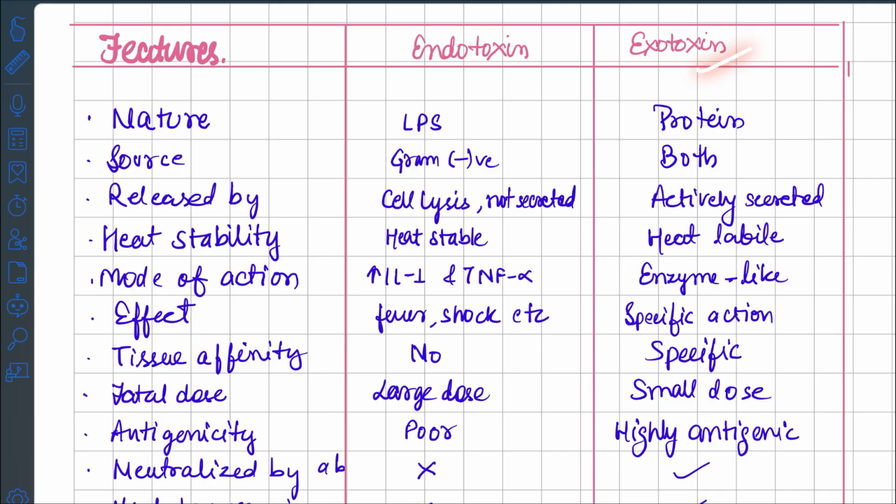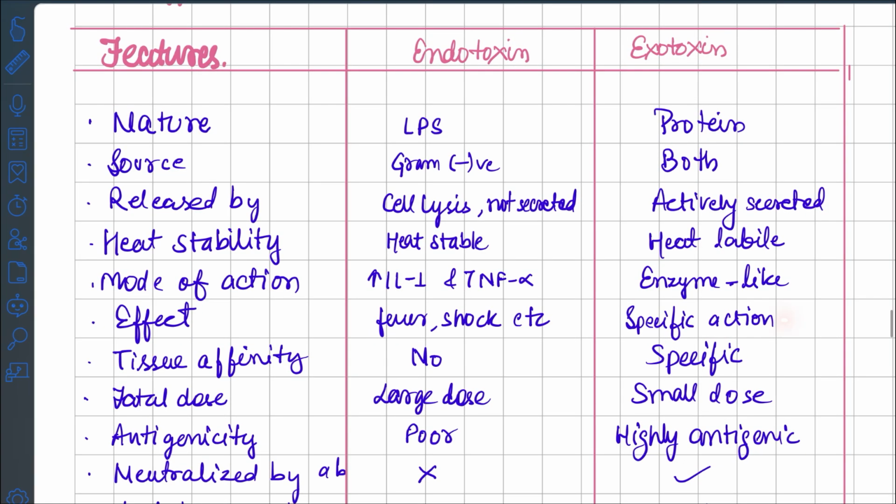But exotoxin effect is specific. Specific means it depends on what tissue or organ these exotoxins are affecting. If it affects the CNS, it will cause actions which are very specific to CNS. If it's affecting the GIT, it will lead to GIT effects.